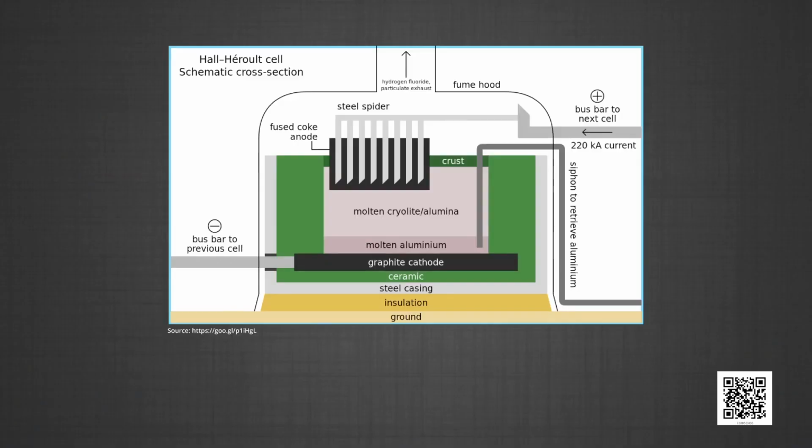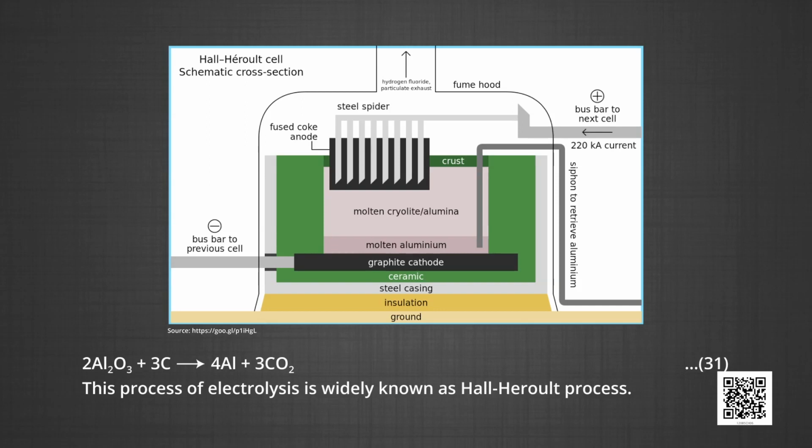The graphite anode is useful here for reduction to the metal. The overall reaction may be taken as alumina plus coke giving aluminium plus carbon dioxide. This process of electrolysis is widely known as the Hall-Héroult process.